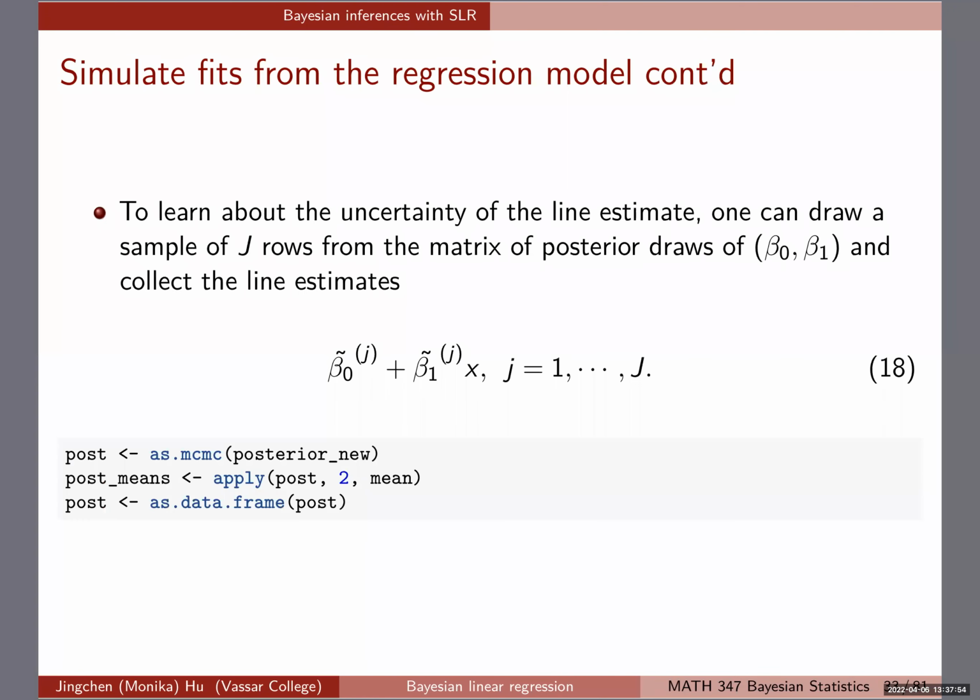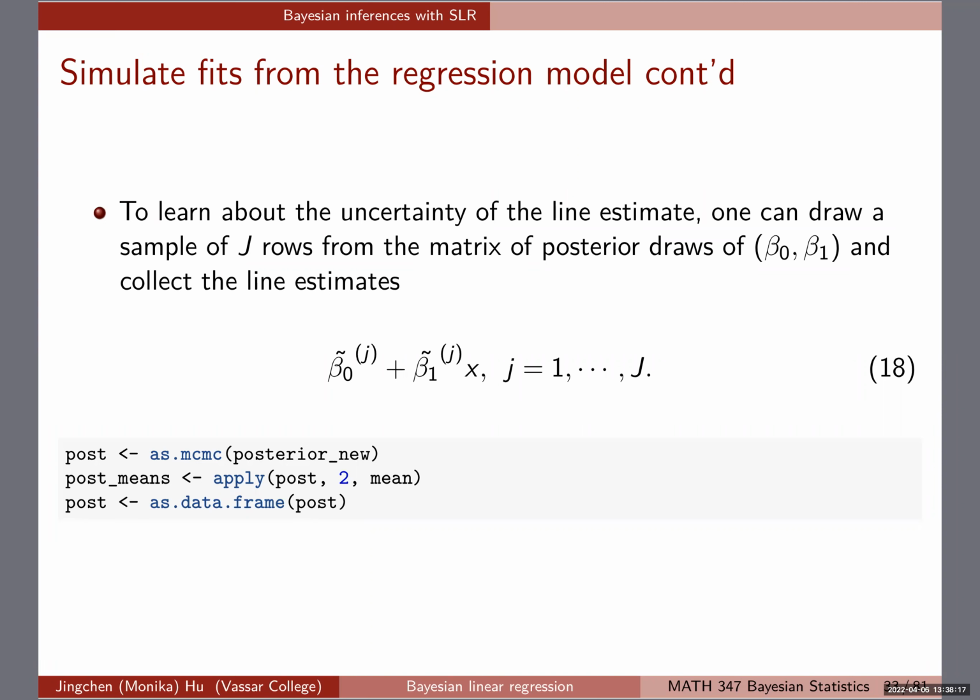I'll show you some code and also some graphics to see how things can be done. For a point estimate, I can get the posterior mean and I'm done; I get one best line. But if I want to learn the uncertainty of the line estimate, we can draw a sample of, I'm just using capital J, whatever number, as long as it's smaller than the number of posterior draws you have.